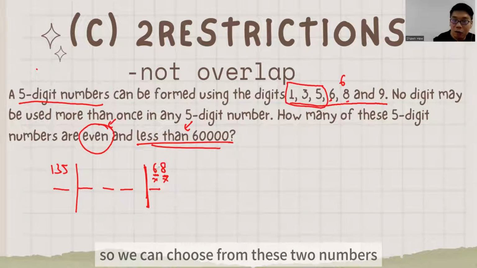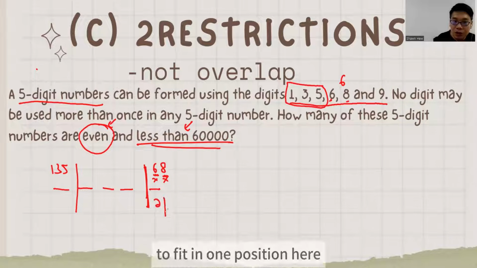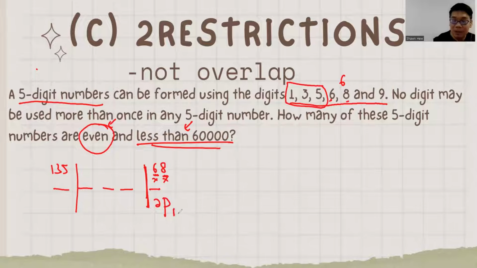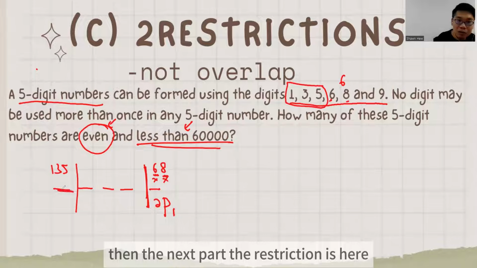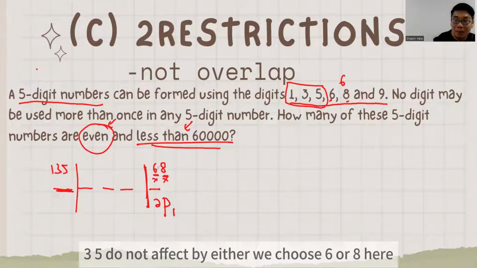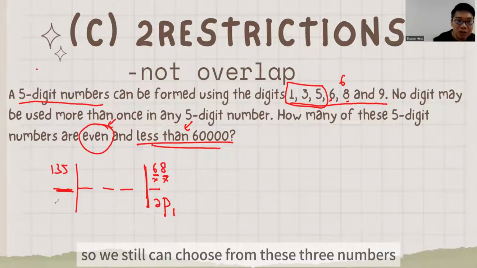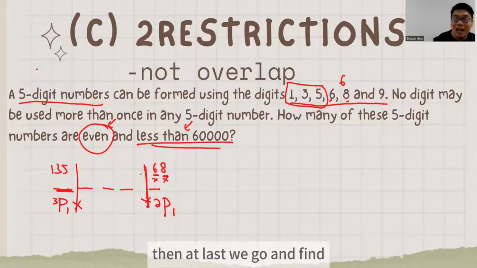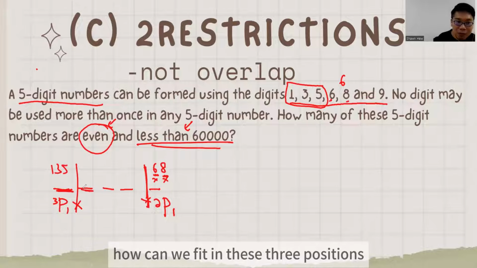We can choose from these two numbers to fit in one position here. Then the next part, the restriction is here. This 1, 3, 5 is not affected by whether we choose 6 or 8 here. So we still can choose from these three numbers to fit in here. So it's 3P1.